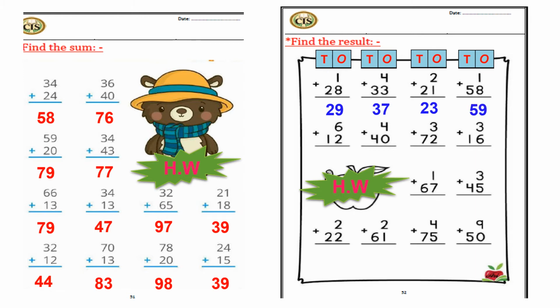6 plus 12, 12 in my mind, 6 on my fingers, after 12, 13, 14, 15, 16, 17, 18.